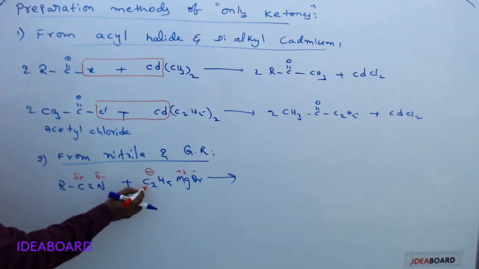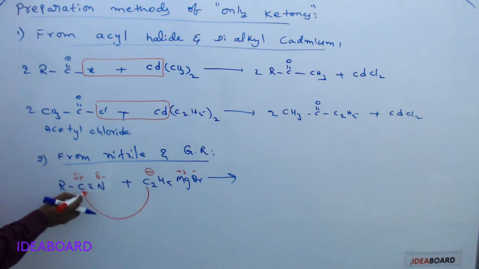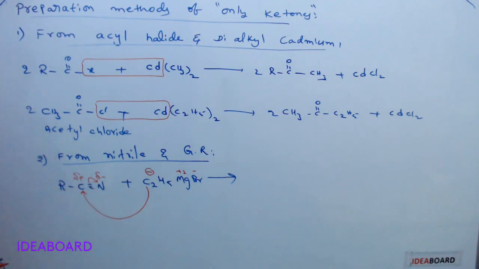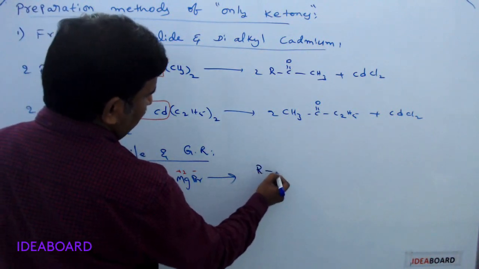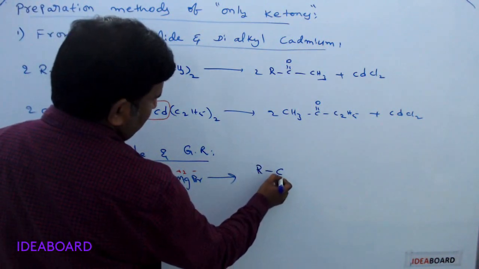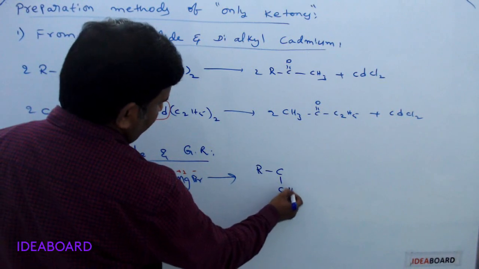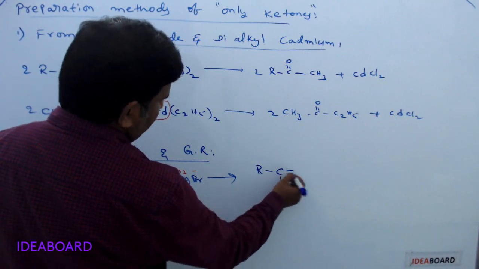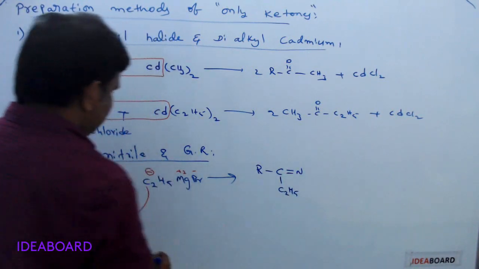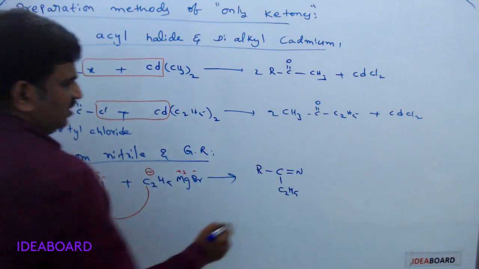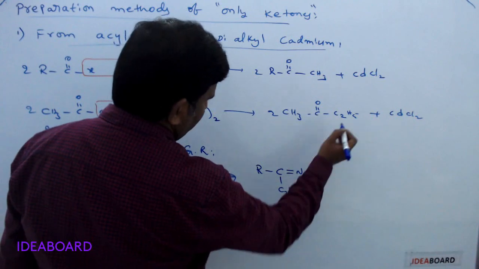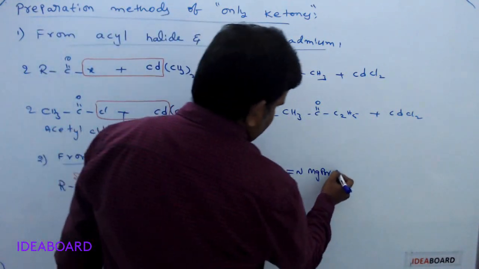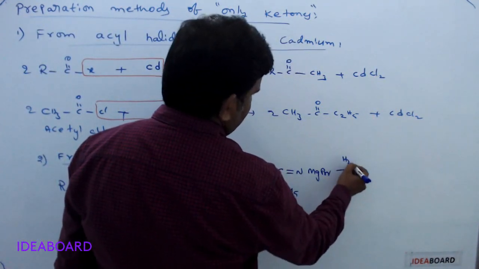So the alkyl group attacks the carbon atom and the pair of electrons shifts onto the nitrogen. Here we get R, C, C2H5 double bond N, and the Mg2+ attacks the nitrogen, giving MgBr, and this undergoes hydrolysis.